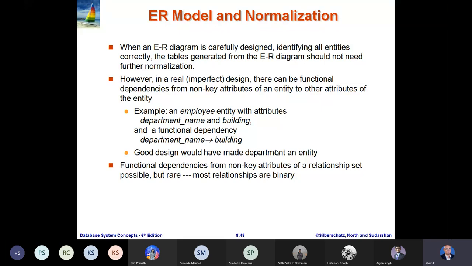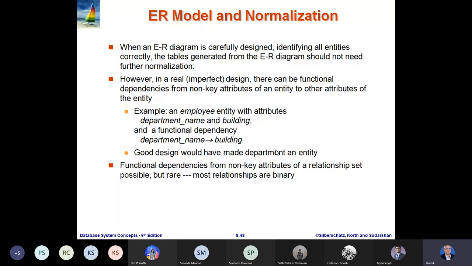So the first point is very, very important: when the ER diagram is carefully designed, like we have appropriately identified the entities, their attributes, and then their relationships, multi-valued attributes, weak entities, and so on, then if we follow that method for generating the database schema from there, and we follow the rules properly, you do not end up, for a many to many relationship, without that third table.